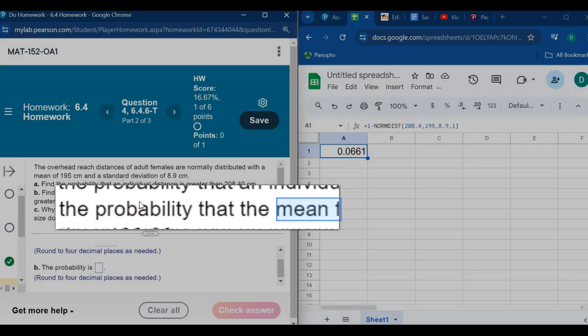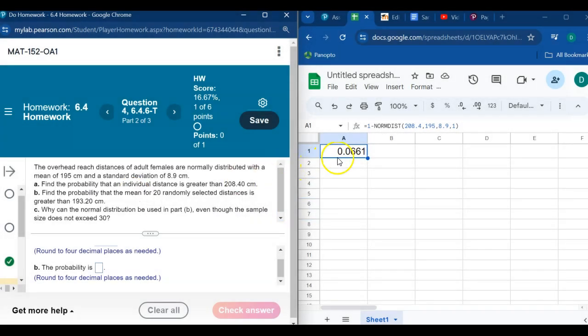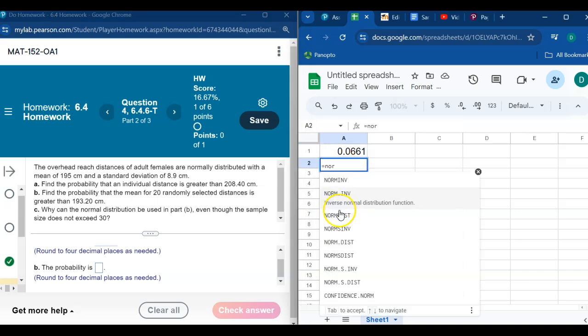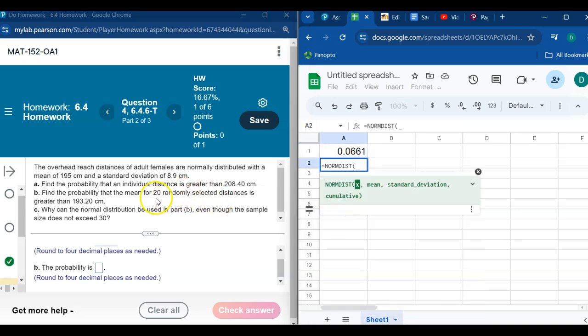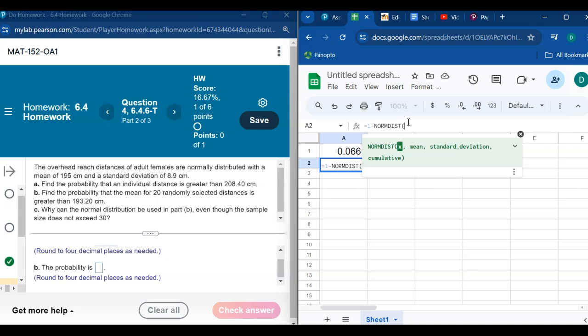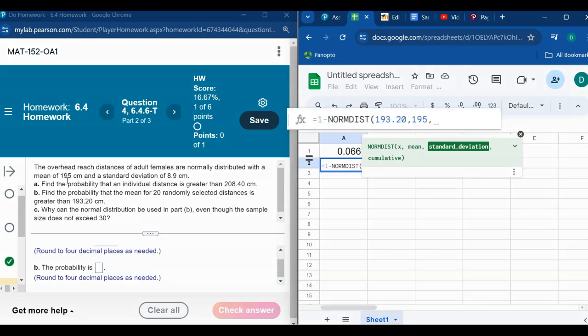When we see that wording, it's still NORM.DIST, and I'm still going to put in the number they give me. It says greater than, so again I have to do 1 minus, and I put in that number, 193.2. I'm still going to give it the same mean, 195, but the standard deviation is what changes in these problems.